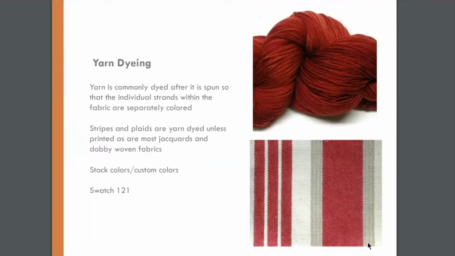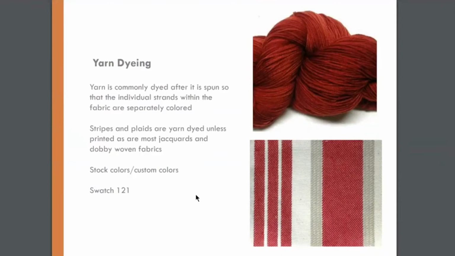So in this example, what I wanted to show you here is that patterns can be either woven to create the pattern, such as a stripe, with colored yarns, or a stripe can be printed on a fabric through a printing process.